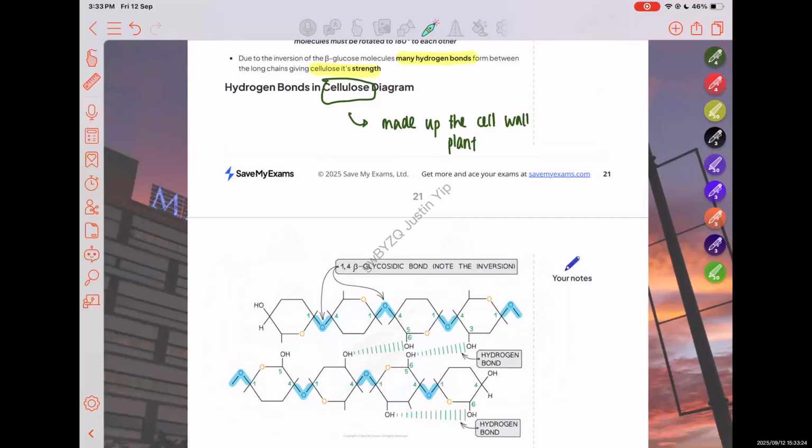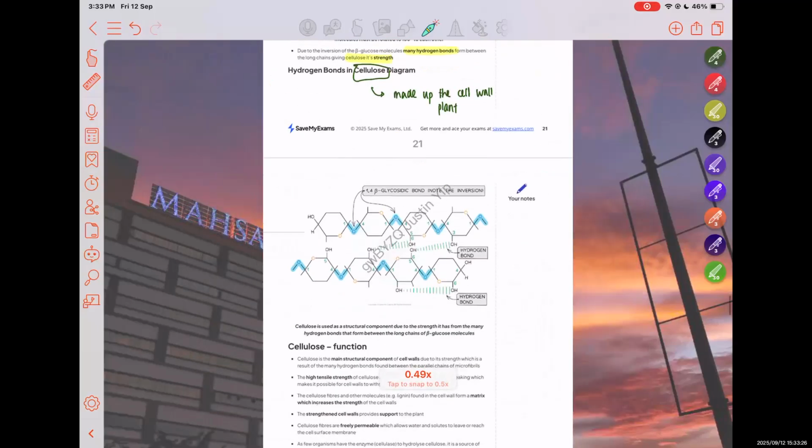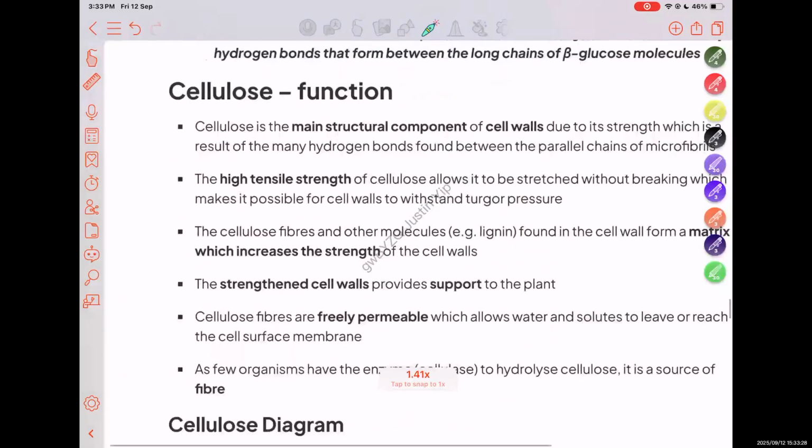Okay, cellulose function: the main structural component of your cell walls, and they will have high tensile strength. Tensile strength means the elasticity, you can lengthen or shorten. They will have a strengthened cell wall to support the plant.